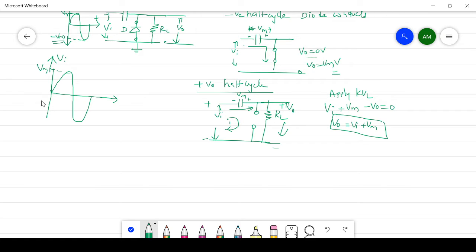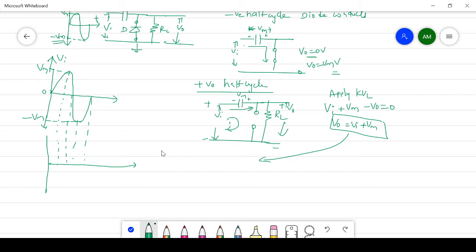The positive peak is Vm, the negative peak is minus Vm. Already we know the equation now, V naught is equal to Vi plus Vm. From this equation we can draw the waveform.